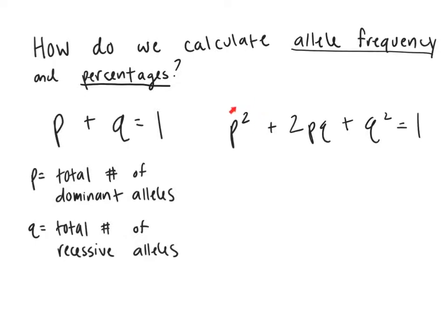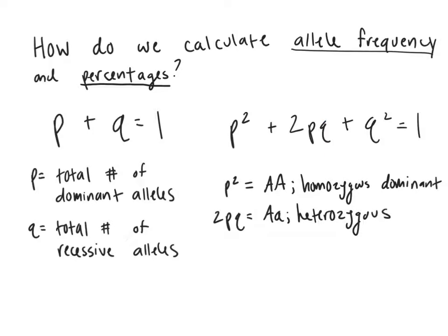So p² is going to be equal to the percentage of homozygous dominant individuals in a population. 2pq is going to be equal to the heterozygous individuals, because they have a p, or 1 dominant allele, and a q, 1 recessive allele. And q² is going to be representative of the homozygous recessive individuals.